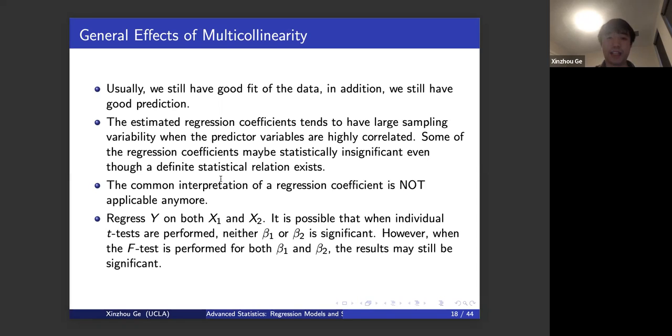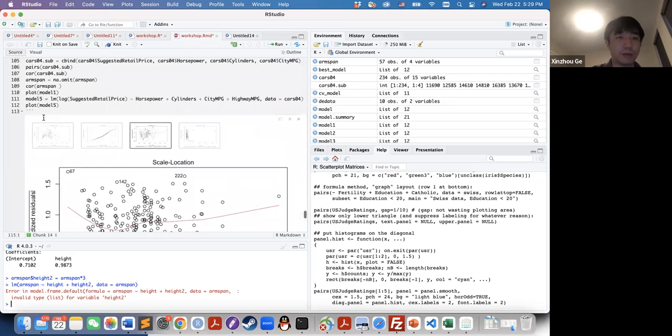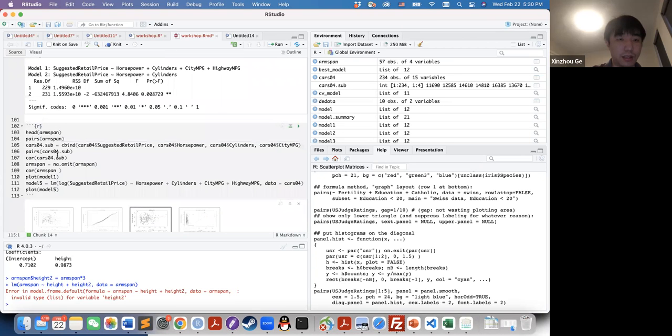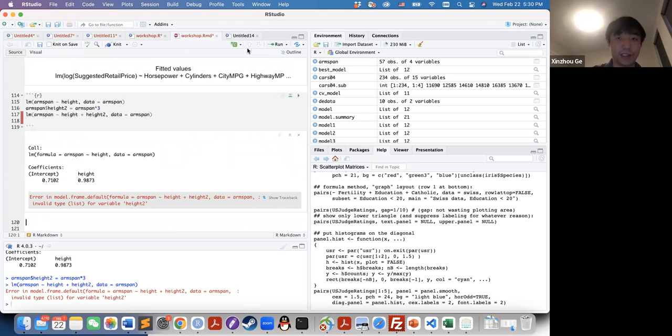So it means that I can show you what it means using this example. If we still look at the previous model, the car fuel dataset, I'll show you what it means.